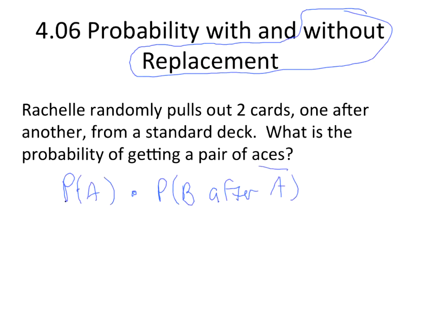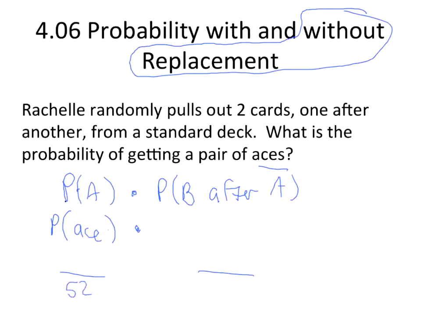So let's replace them with words. So I'm trying to get aces, right? So my first probability is, what's the probability of picking an ace? Okay, good. We'll move there in a second. This one you should know, it's just like the last one that we did, right? So our total goes on the bottom, our desired goes on top.